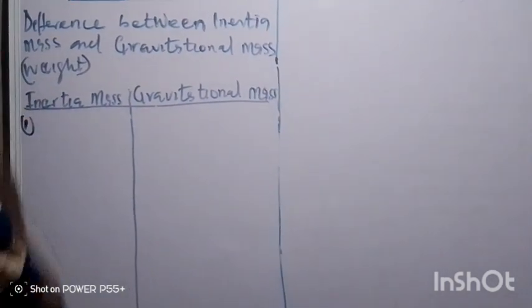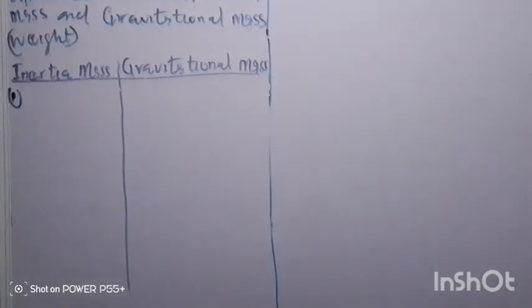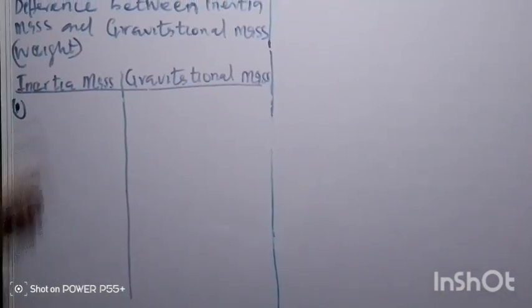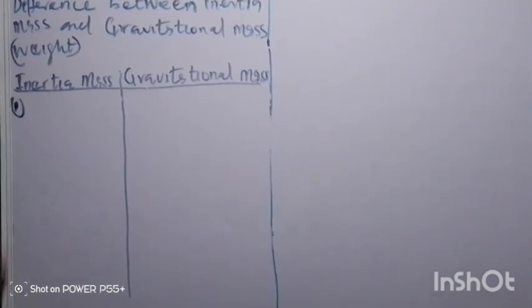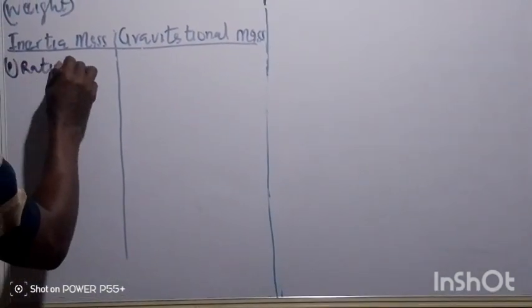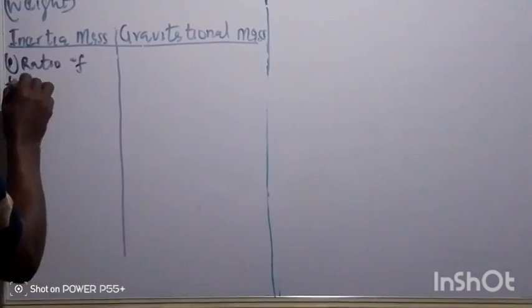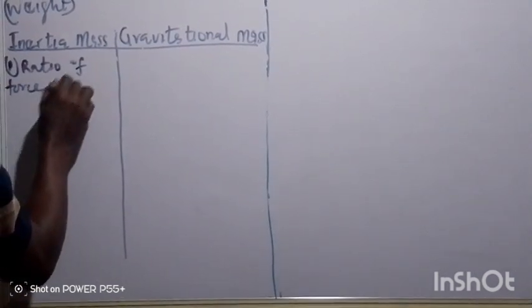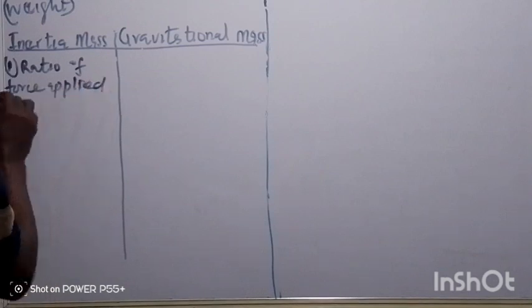Now let's take it one after the other. From the definition, inertial mass, as we said, is the ratio of force applied to acceleration.